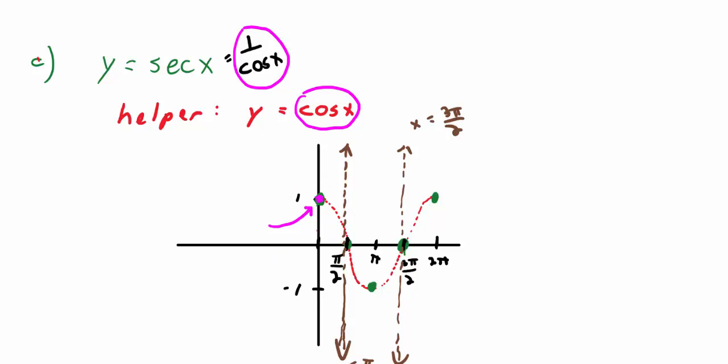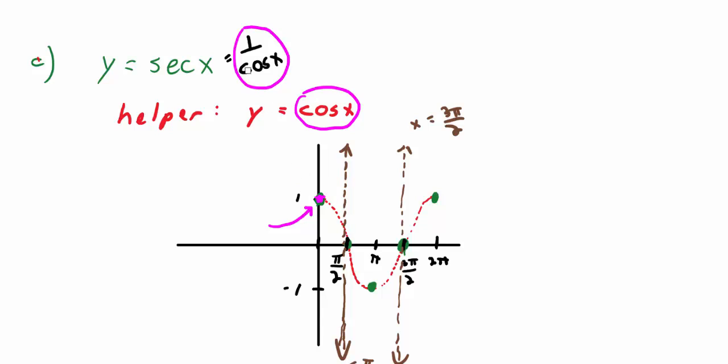And if you plot a few more points, you'll realize that as you approach this first asymptote, you get half of a U shape, because we're only graphing one period. If you graph more than one period, the section between the asymptote to the left of the y-axis and the first asymptote to the right of the y-axis is a U shape. But if you only graph one period, you don't see that part.